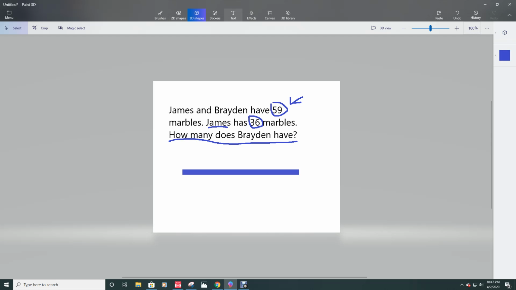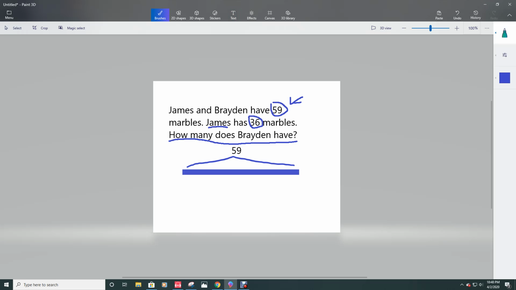So we'll label that and say that this whole thing is our whole piece. And it told us that it is 59 marbles because James and Braden together have 59 marbles. This whole thing is 59 marbles.